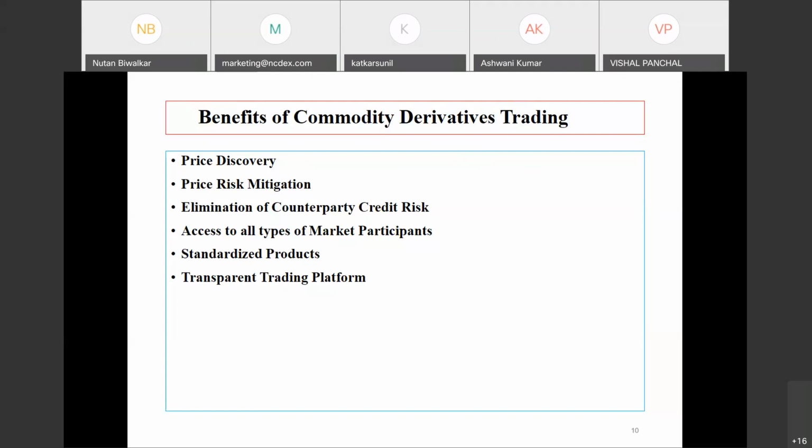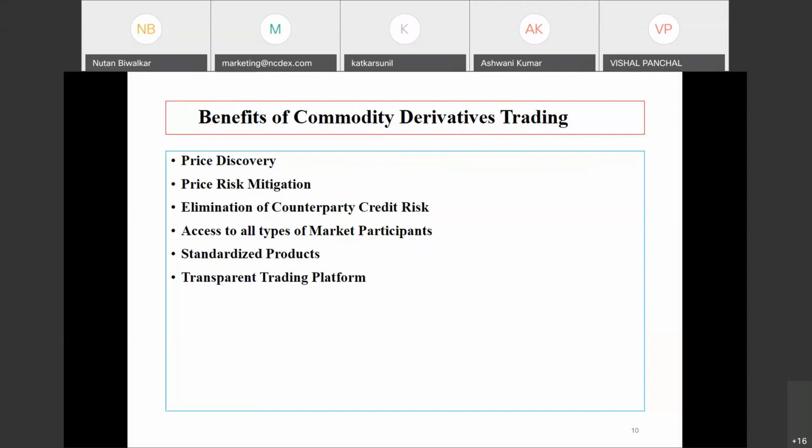And what does this hedging do? First, this hedging reduces or limits the price risk associated with unpredictable changes in prices. This helps the farmer as well as stakeholders to safeguard against the risk.